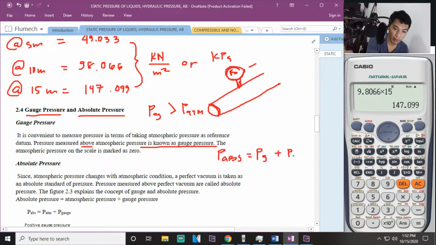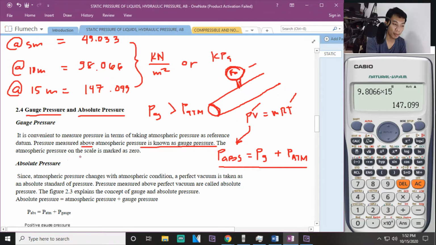The ATM, atmospheric pressure. Para maging absolute yung pressure. And you always have to do that, lalo na kapag ginagamit natin siya sa PVT relationships. Lahat dapat, yung pressure, absolute, yung temperature, absolute. Kaya dapat ito yung gagawin mong pressure.